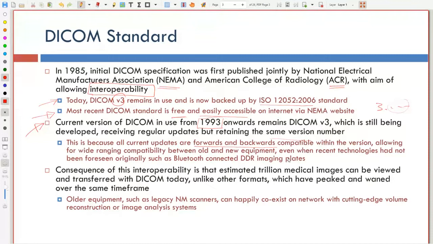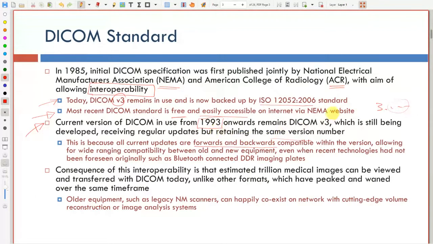There are so many different systems that have been working with DICOM since the 90s. If you introduce something in the DICOM standard that is incompatible with the other systems, it would mean that the newer systems using the newer standard would be incompatible with the older images. And this is not acceptable.